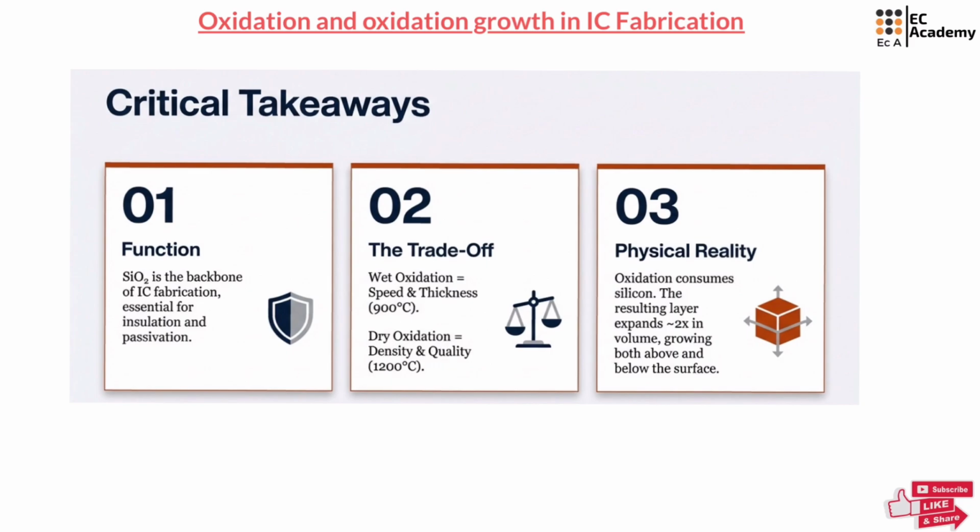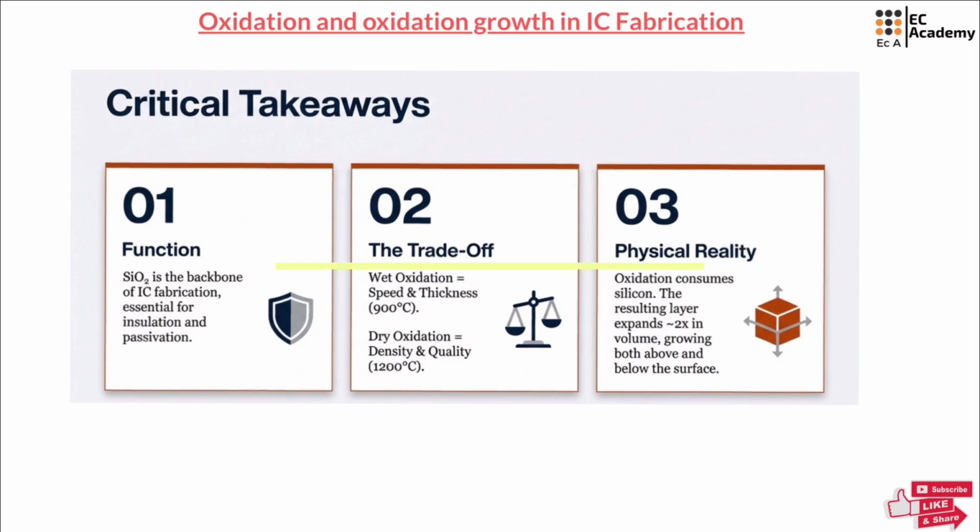We have dry oxidation, that is a slow process, which will produce a dense and quality silicon dioxide layer at 1200 degrees centigrade. Finally, the oxidation grows above and below the silicon surface and it has twice the volume.